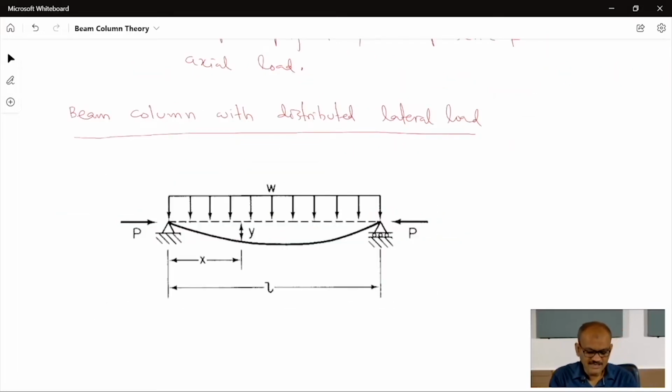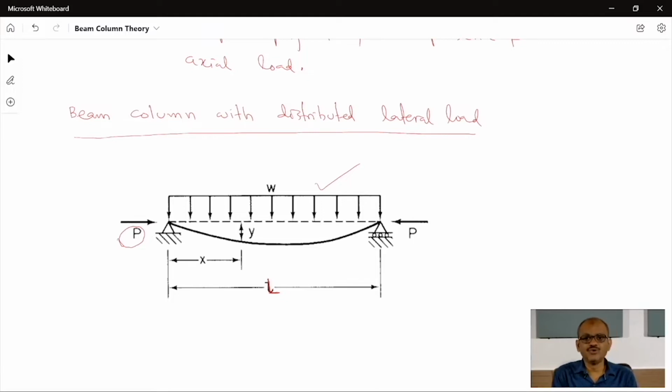Here in this case, if you see, the beam is subjected to axial load P as well as transverse load W per unit length. So, we will have to find out the load deflection curve. This is L. For this, we will use the Rayleigh-Ritz method.